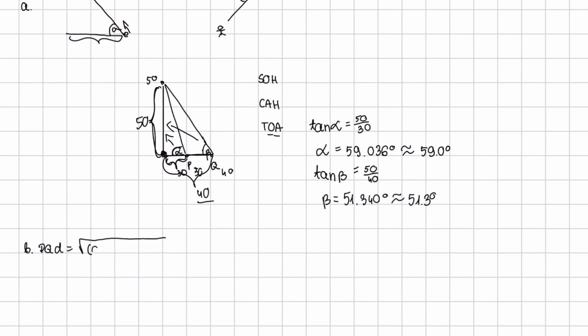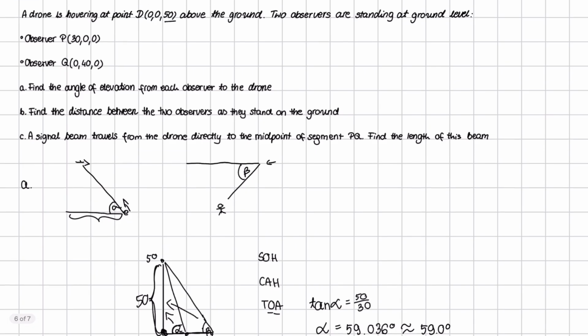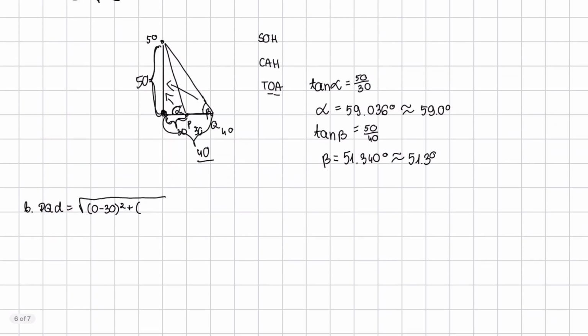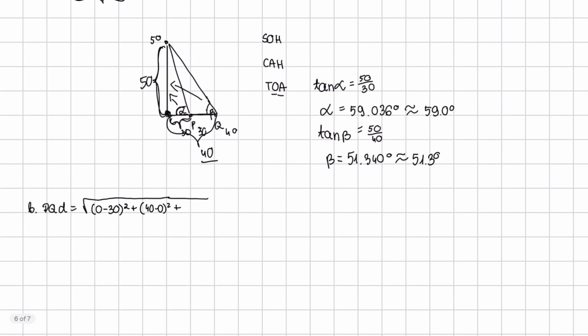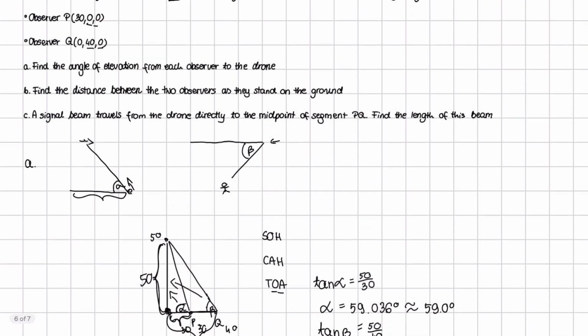So 0 minus 30 squared, plus, and now y, 40 minus 0 squared, plus 0 minus 0, so it's basically 0. And this is the square root of 2500, so 50. Distance is 50, and we can write u as units because here we are not given the units.